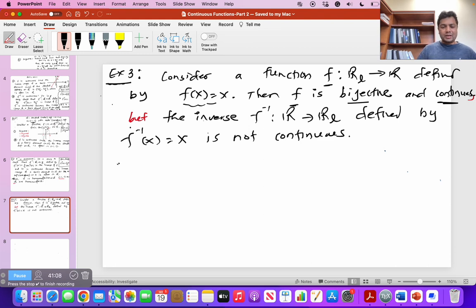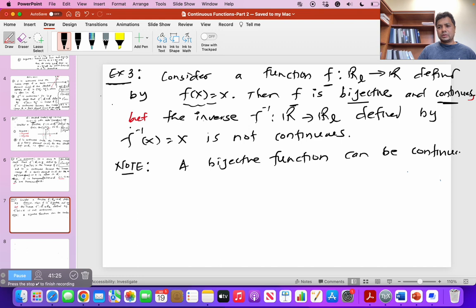So from this example we can conclude, let me write down as a note: a bijective function can be continuous without being a homeomorphism.